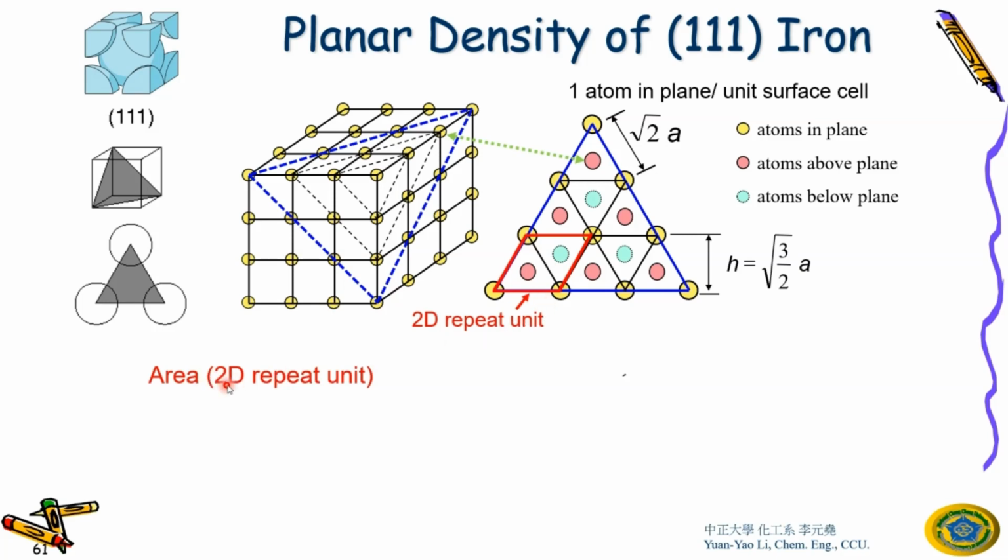So the area of the repeat unit is equal to what? If you know the length of this and the height of this, this is how you calculate it: this times this. And then you do the simple calculation. You understand this is root 3 a to the power 2.